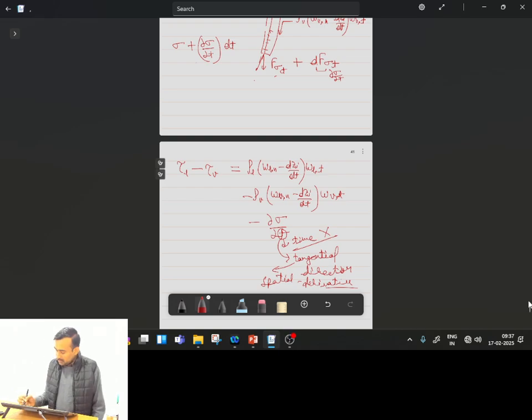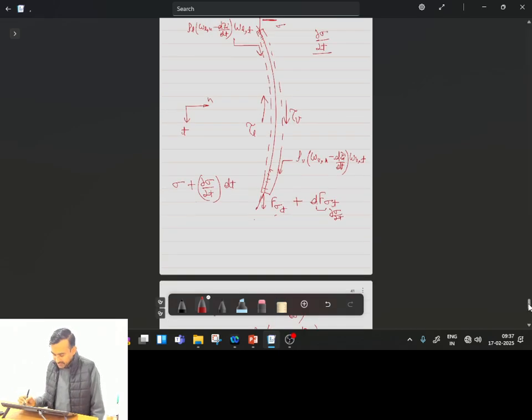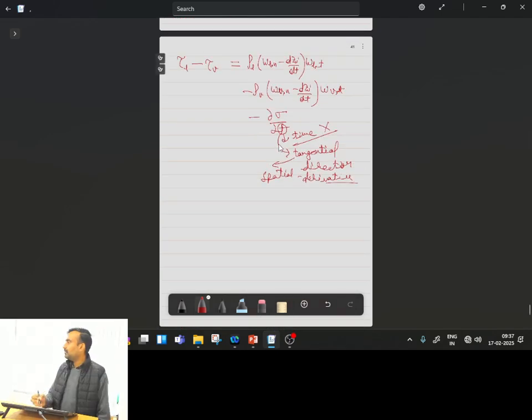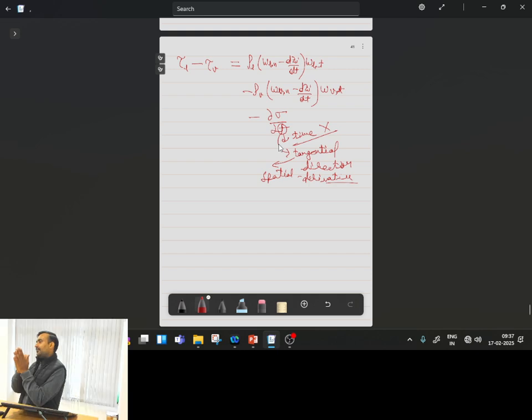So if there is a gradient of surface tension existing, then I will have some additional force. If the surface tension value is constant, then of course del sigma by del t will come out equal to 0. Is this one clear? Now, another interesting point: immediately at the interface, what do we have?